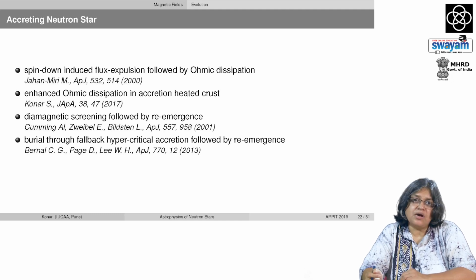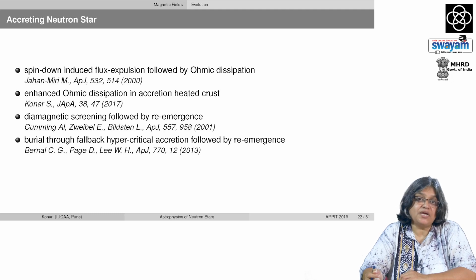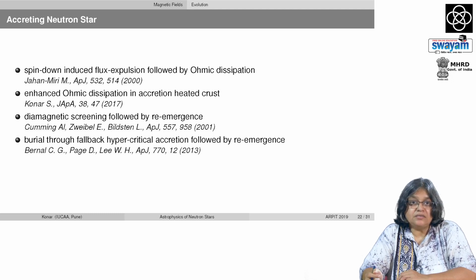Now, the interesting part of an accreting neutron star is, as we have seen, the temperature would be raised, and therefore, there will be enhanced ohmic dissipation in the accretion heated crust. Now, that is one of the major mechanisms of actual decay of the magnetic field strength.